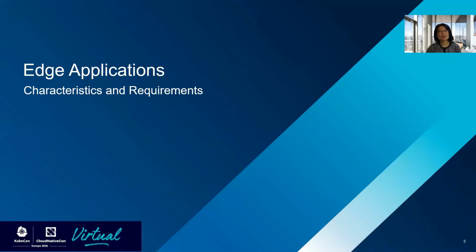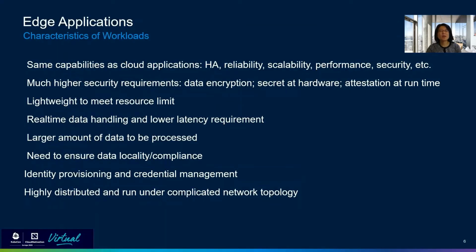Now let's talk about edge applications characteristics and requirements. When comparing edge applications with cloud ones, they have similar natures. For example, high availability, reliability, scalability, performance, and etc. From security's perspective, the requirements for edge applications are much higher.